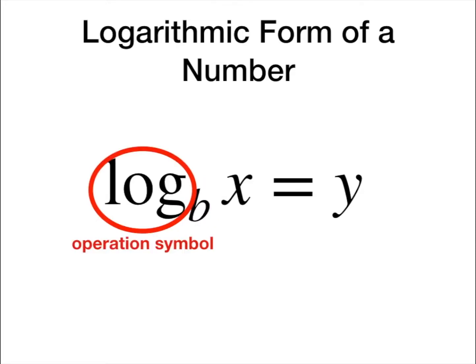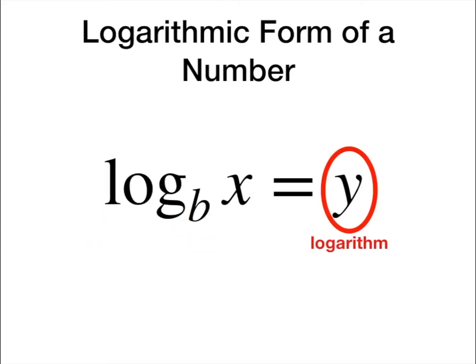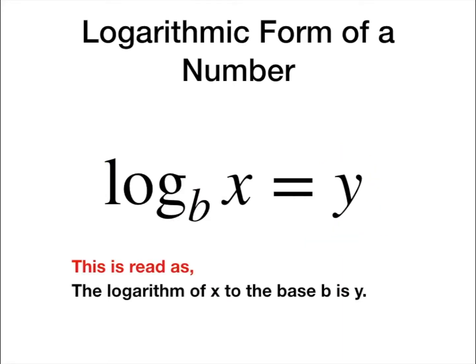The text log is the operation symbol, or others call it the operator. And the result of the operation y is known as the logarithm. Commonly, we read the logarithmic form in the following manner. The logarithm of x to the base b is y.